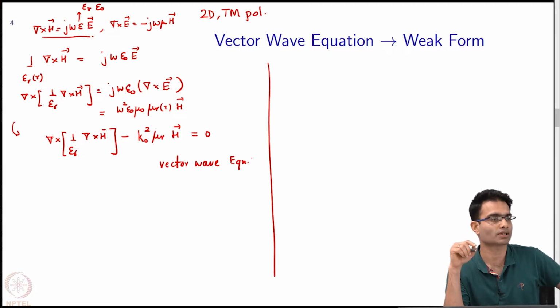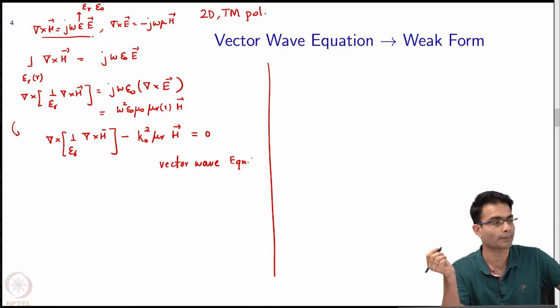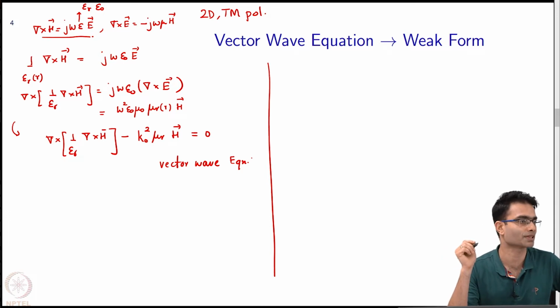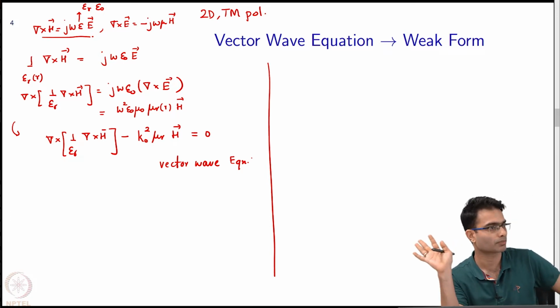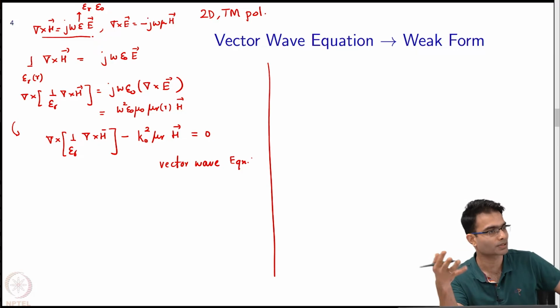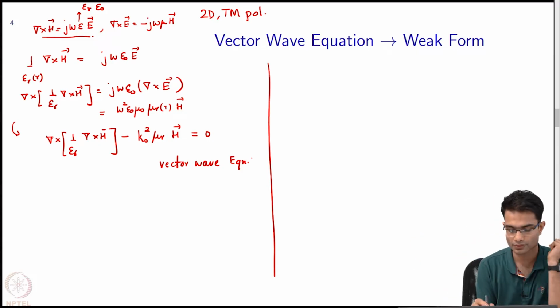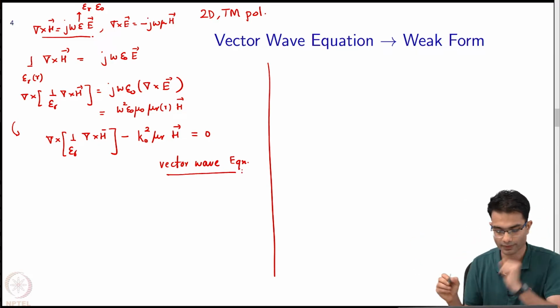Typically, epsilon r and mu r as a function of space are given, maybe some incident field and an object are given, and we find the fields everywhere.